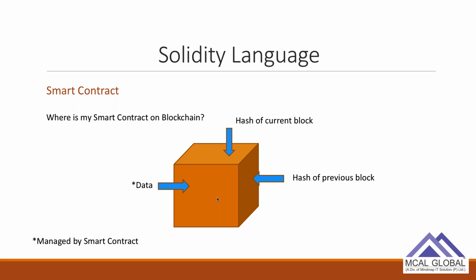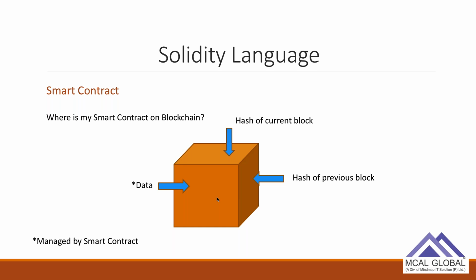If you visualize a linked list in programming, we have one value and a pointer to the previous value. Similarly, the blockchain works in the same way.